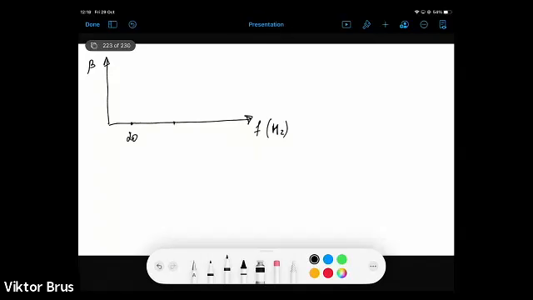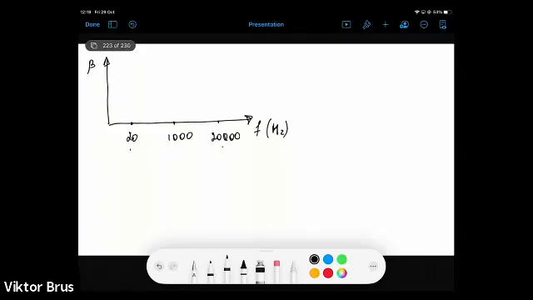Here we will have something like 20 hertz, here something like 1000, and here, let's say, 20,000. So that is the range from 20 hertz to 20,000 hertz. That's the normal, average human sensitivity to sound waves.